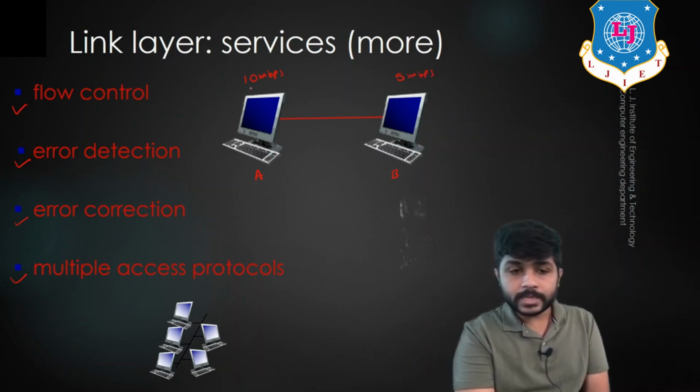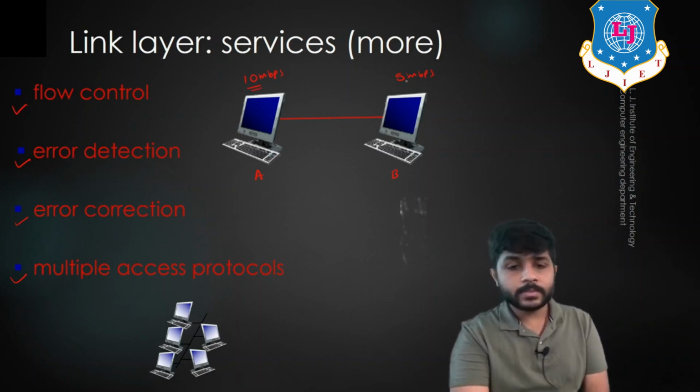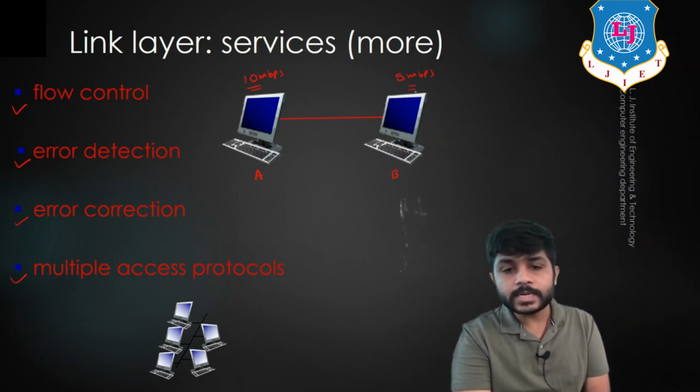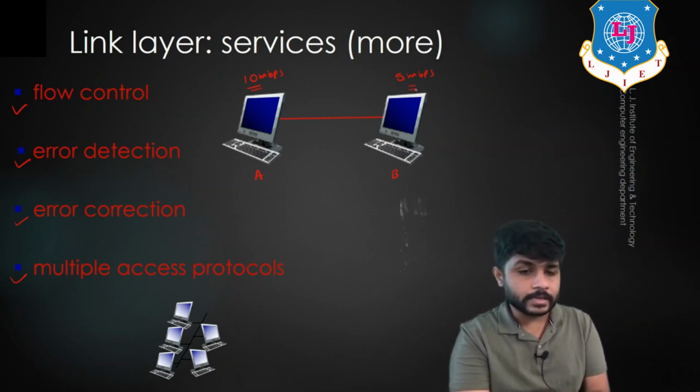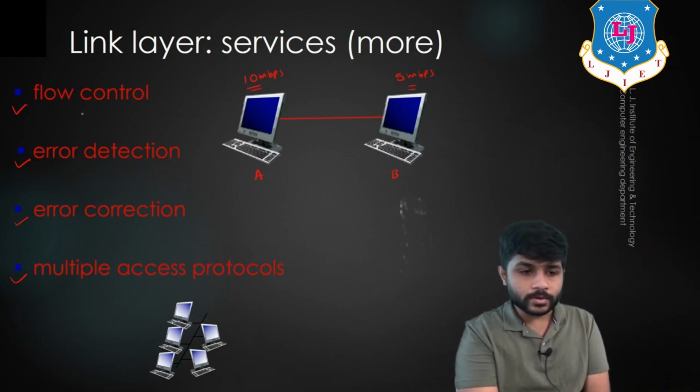So it means that A is sending data at a very high rate, but B is not able to receive data at that rate. So what will happen? Obviously there will be loss of data, because A is sending data at 10 Mbps, which is very high, but B is not able to receive data at that speed. So what is the meaning of flow control?